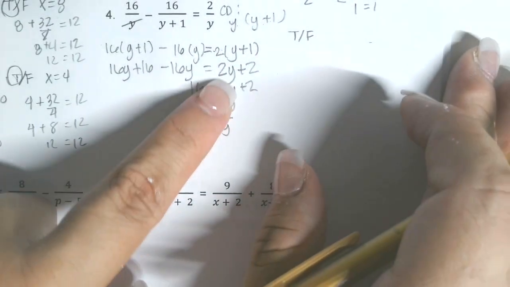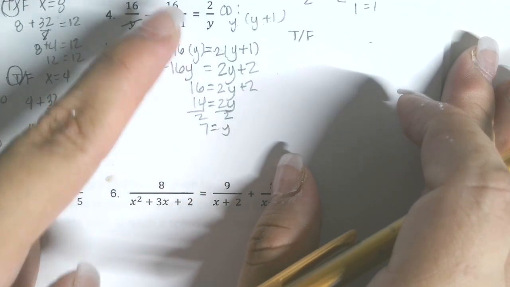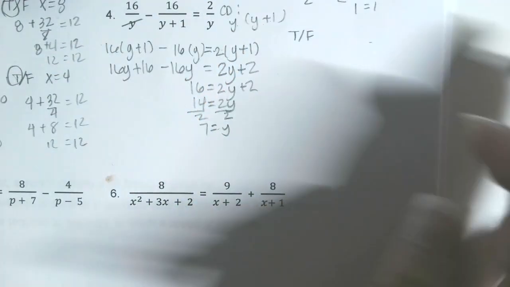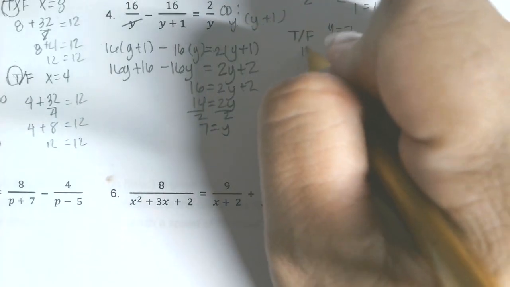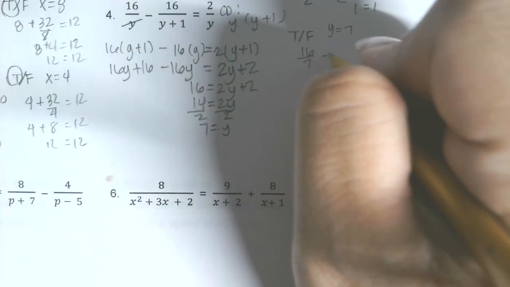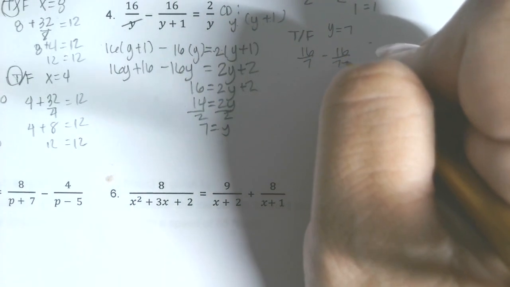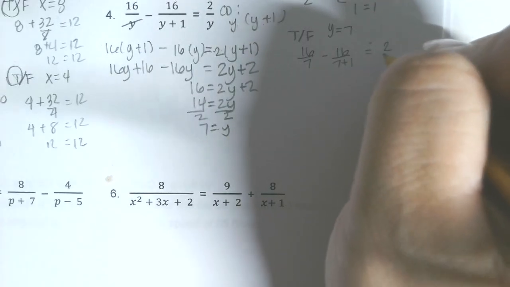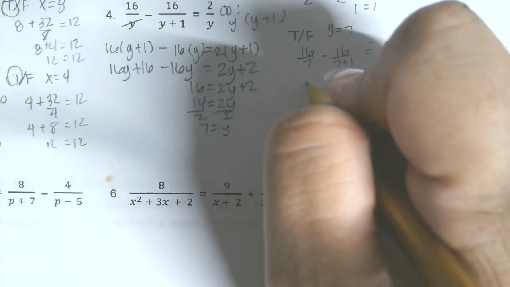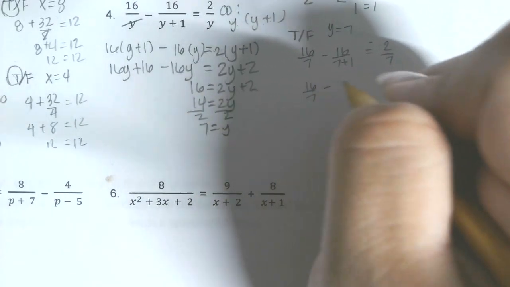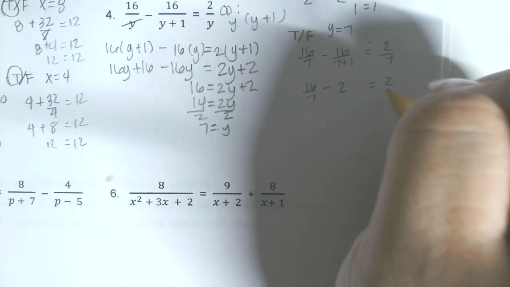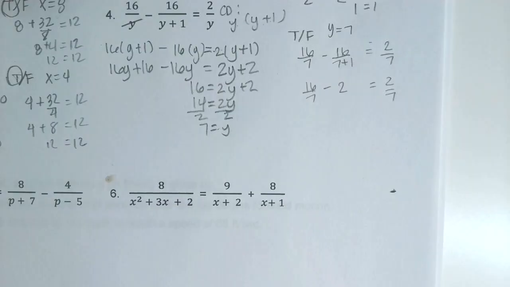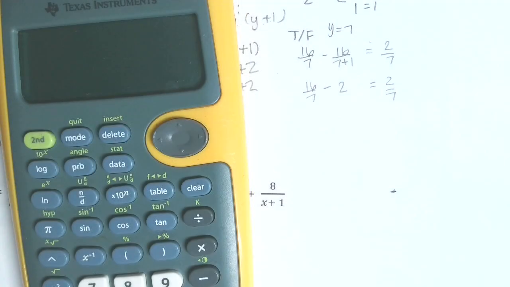Okay, so we take where y equals 7 and put it back into the original formula. 16 over 7 minus 16 over 7 plus 1 equals 2 over 7. 16 over 7 minus, this is 8, equals 2 over 7. And then we can put this in our calculator.